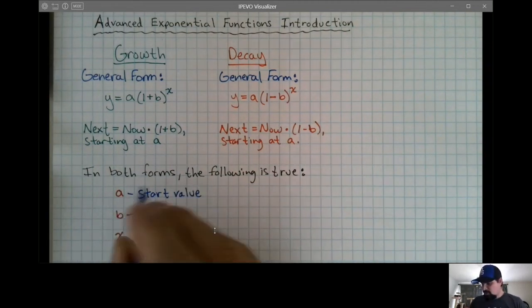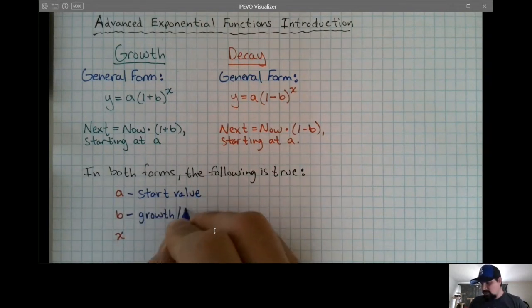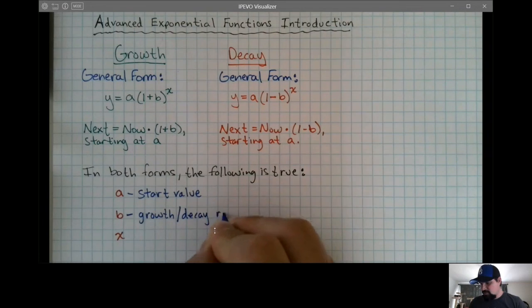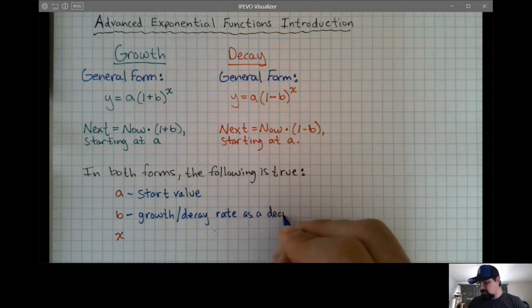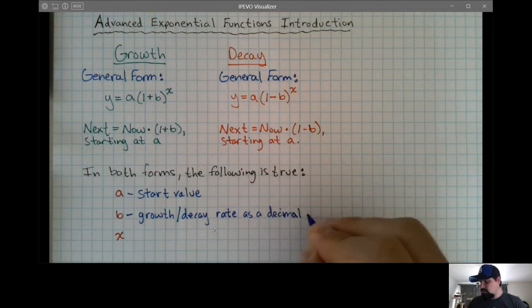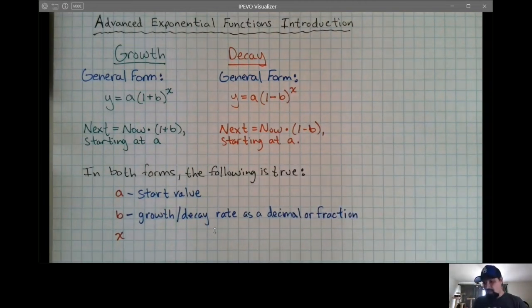All right. b will be your growth or decay rate as a decimal or fraction. And it can be either one. And then x is going to be time.